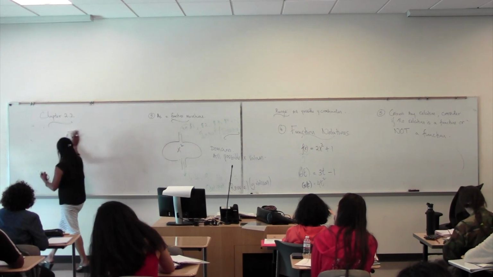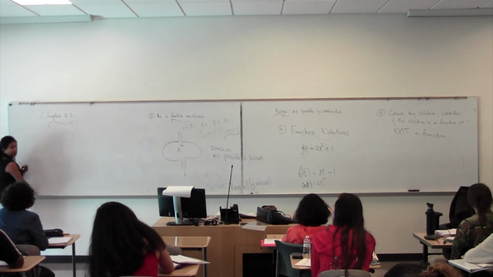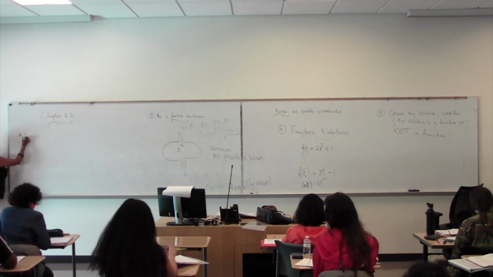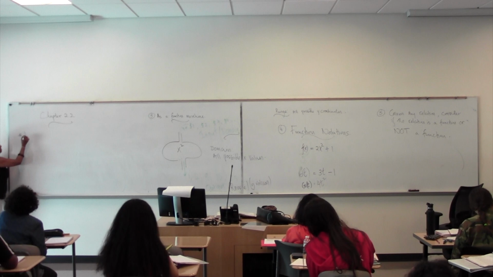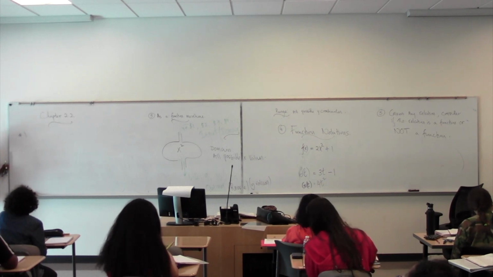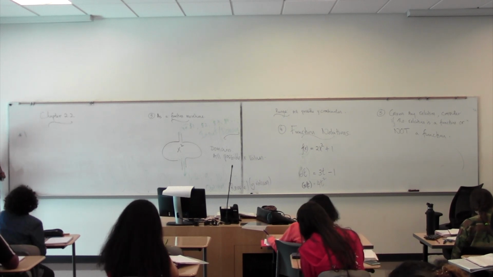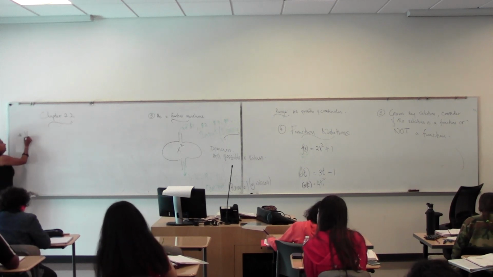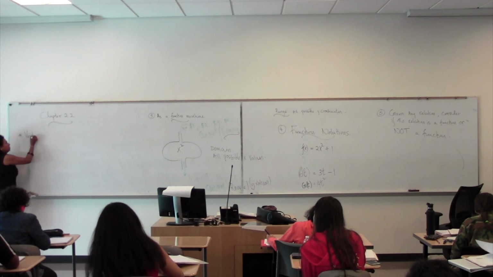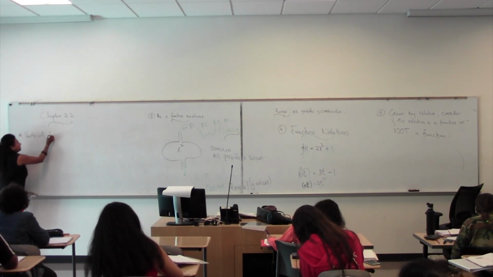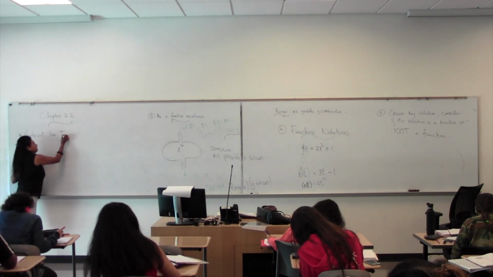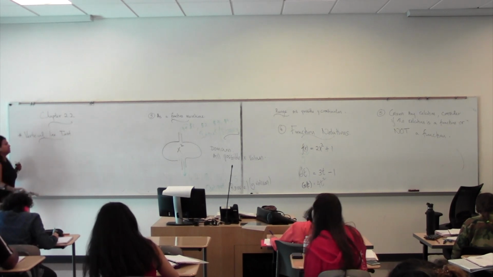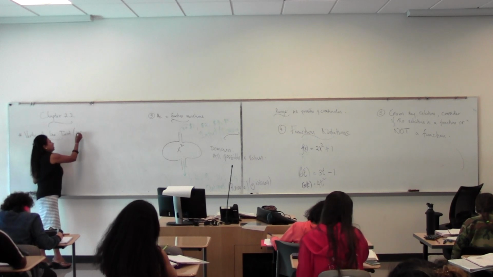So because it's only sometimes, we have to check. So this is a check to see how to check whether a given graph is a function or not. This is called the vertical line test. We use the vertical line test.